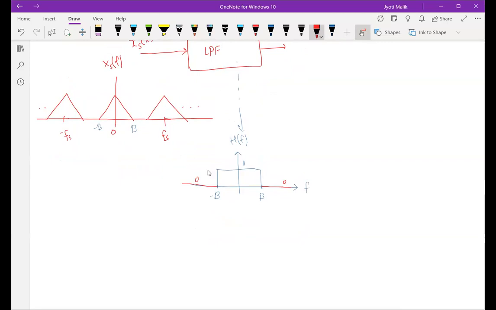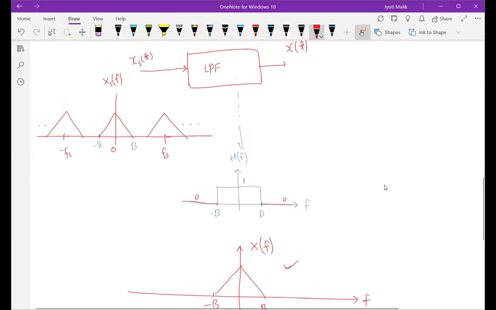If you multiply this with this, outside minus B and plus B everything becomes 0, and only this portion is multiplied with 1, which gives the same thing. So you get the same result, minus B to B. This will be the output of the low pass filter, which is our original signal X of F versus F.